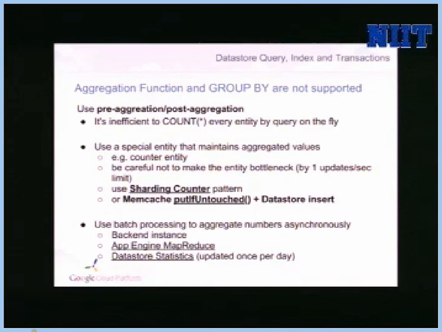Finally, if it's not urgent, then you can just rely on the statistics API of the DataStore. DataStore provides statistics data like how many entries you have or what kind. By accessing the API for that, and those numbers will be updated once per day, so it's a very large number, but still, you can use that for certain usages.